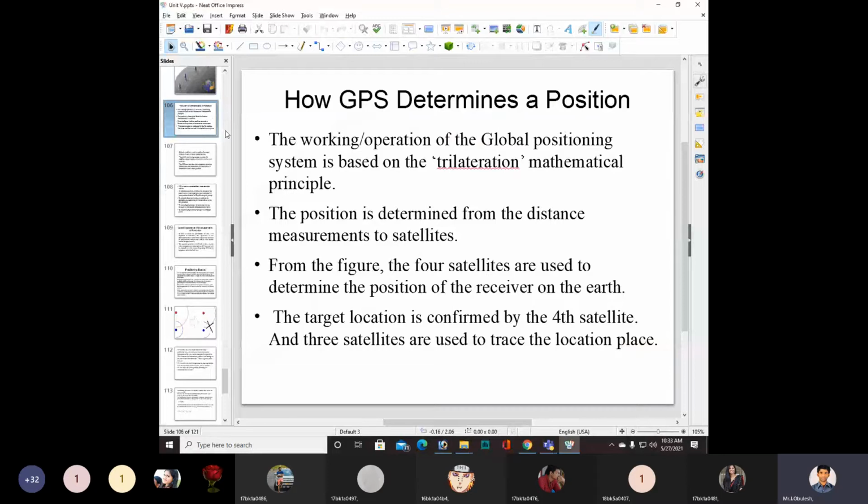Then, how does GPS determine a position?